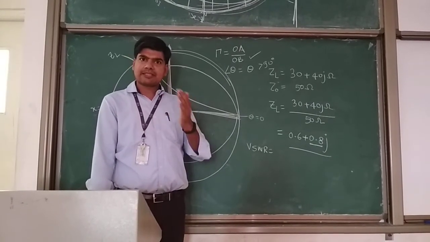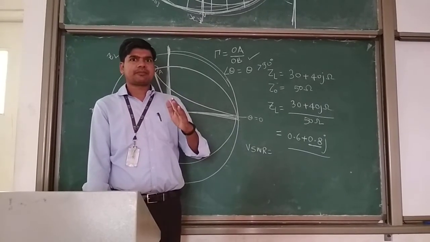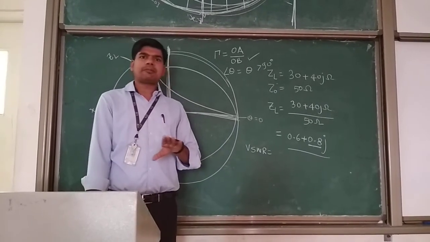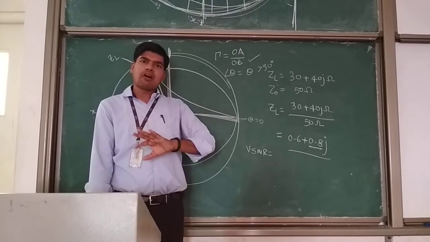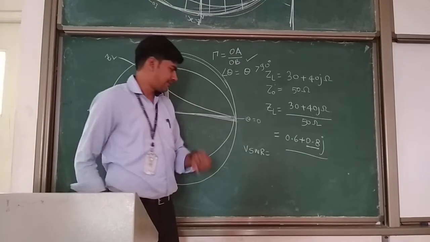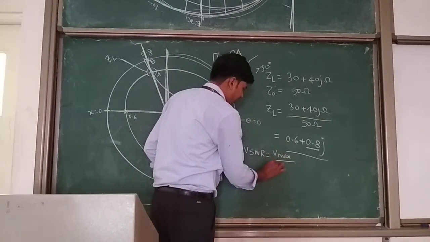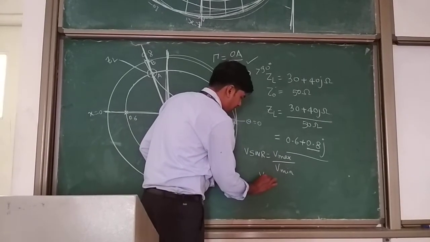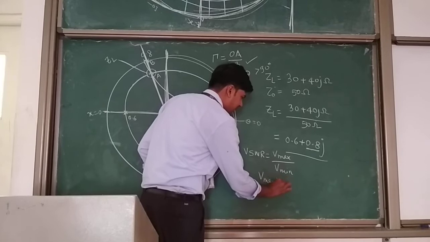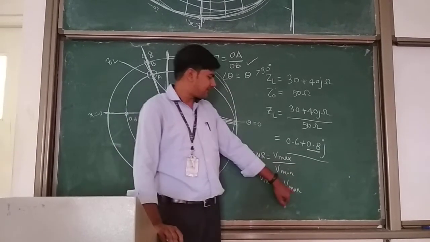Obviously the maximum voltage will always be more than the minimum voltage, so the ratio will always be more than 1. So VSWR is V max upon V minimum, and V max is always greater than V minimum.